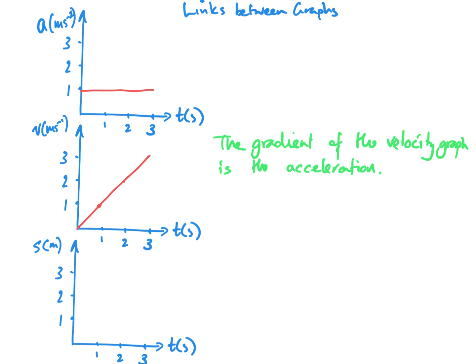If we wanted to go from this velocity to work out what's happening to the displacement, well, remember the displacement is the area under a graph. So the velocity time graph kind of sits in the middle and you can go either way. The area under the velocity time graph is the displacement.